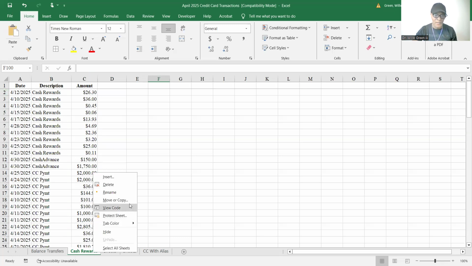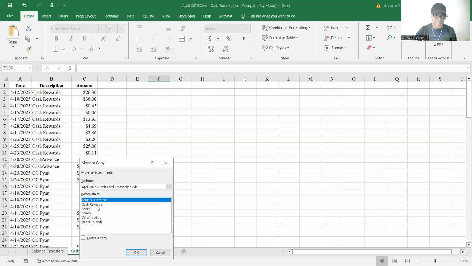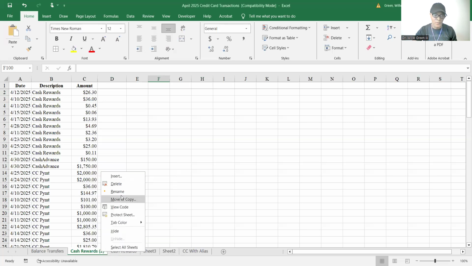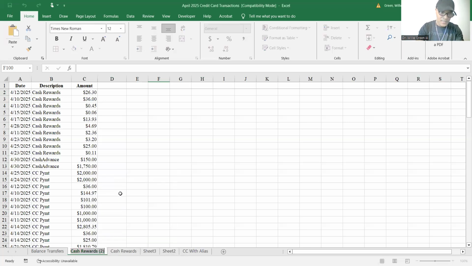But before I do the cash reward, I'm gonna move and make a copy. And the next area would be cash advance. So I'm gonna save this new one and call it cash advance. And for many of you that were with me, I used a cash advance earlier.